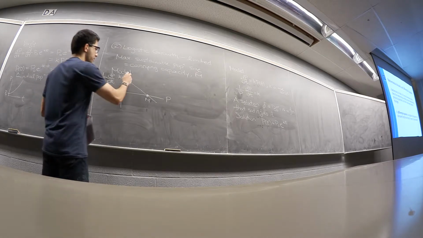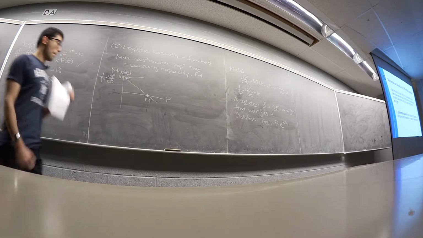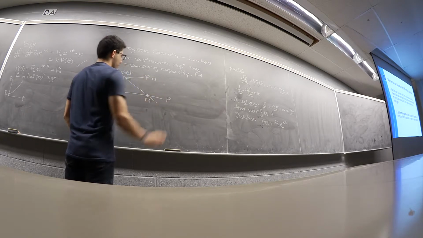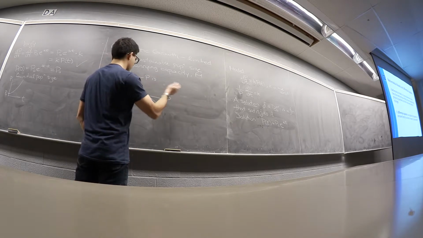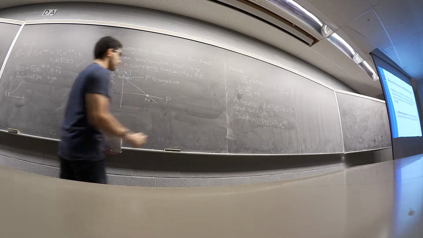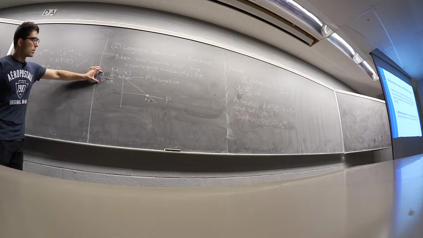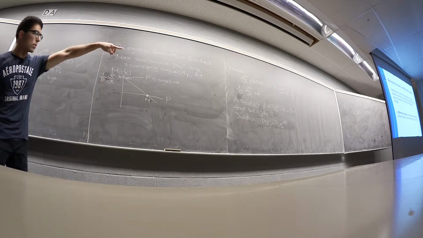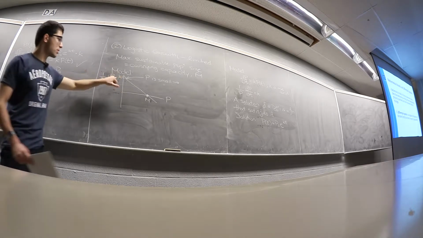So again, if the population size is low, or the population is small, the relative growth rate is close to k, like before.